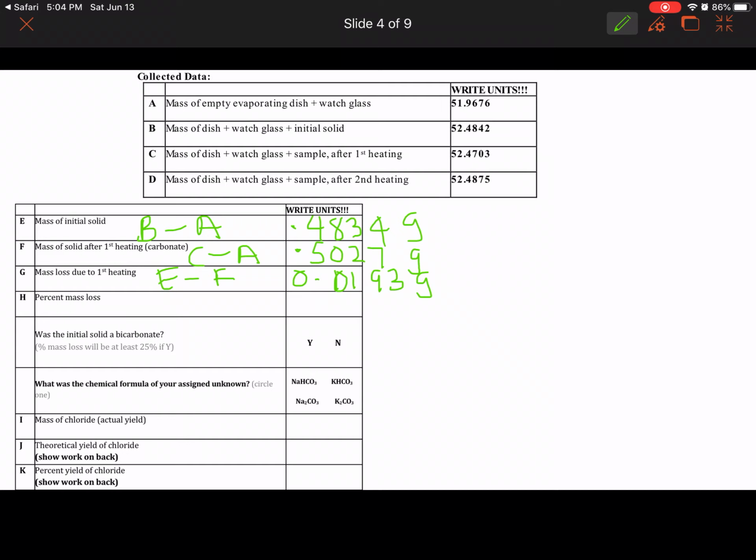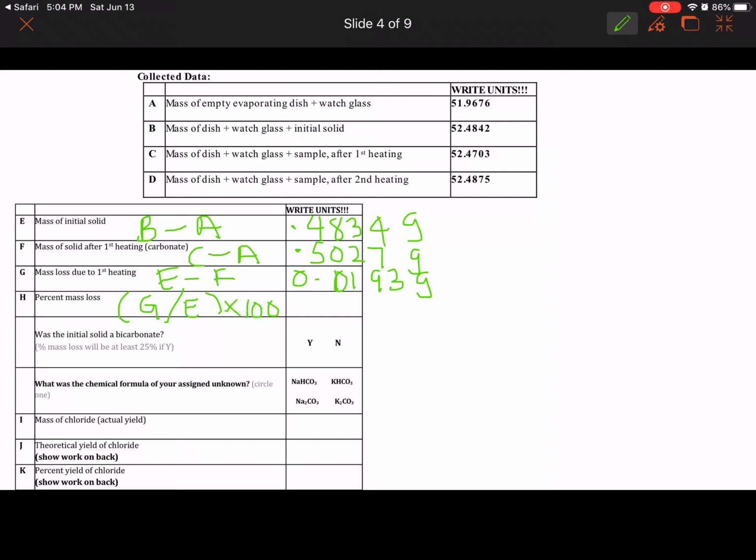0.0193 grams. And then we need to find out what is the percent mass loss. So we know the mass loss. How do you find the percent mass loss? That's going to be G. You divide by the mass of the initial solid, which is E, and then you multiply it by 100.